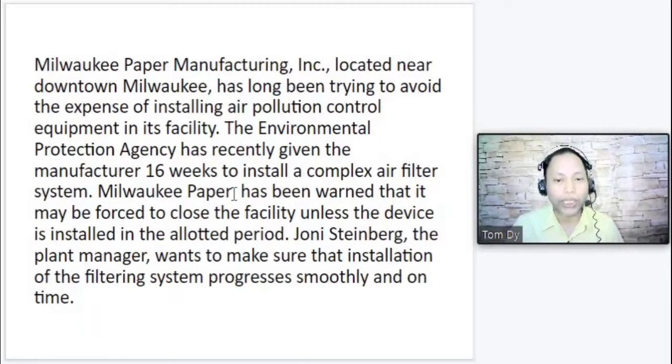Milwaukee Paper has been warned that it may be forced to close the facility unless the device is installed in the allotted period. Johnny Stenberg, the plant manager, wants to make sure that the installation of the filtering system progresses smoothly and on time.